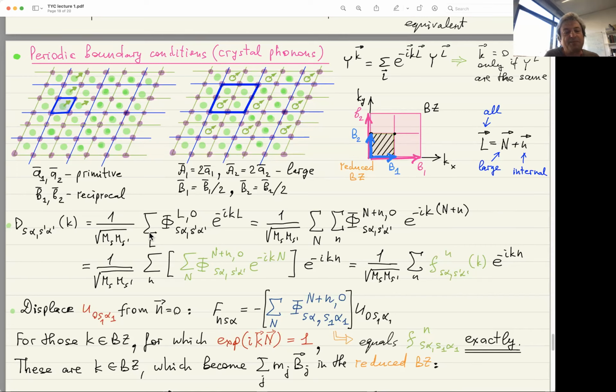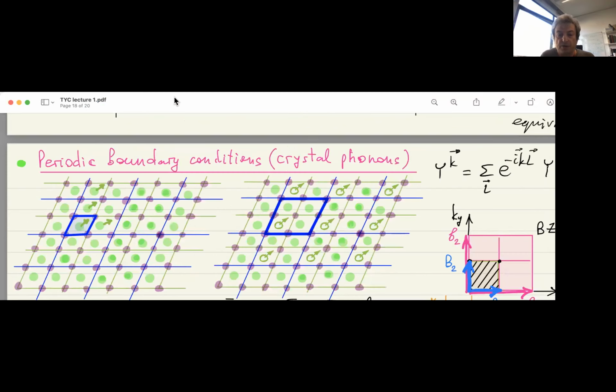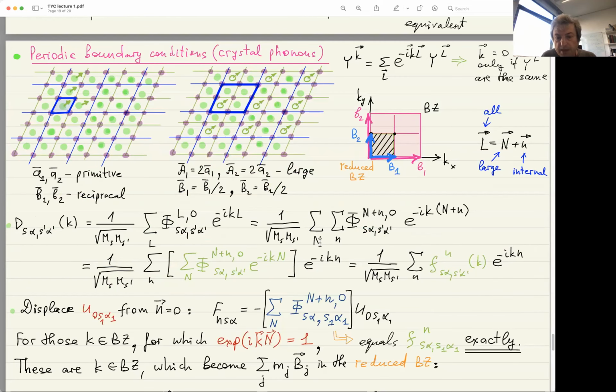So we have this lattice sum, and the sum over L is composed of the translations with respect to the bigger cell and the internal translations. So that sum would become a sum over capital N and over small n. The sum over capital N is an infinite sum, however, the sum over small n is a finite sum.